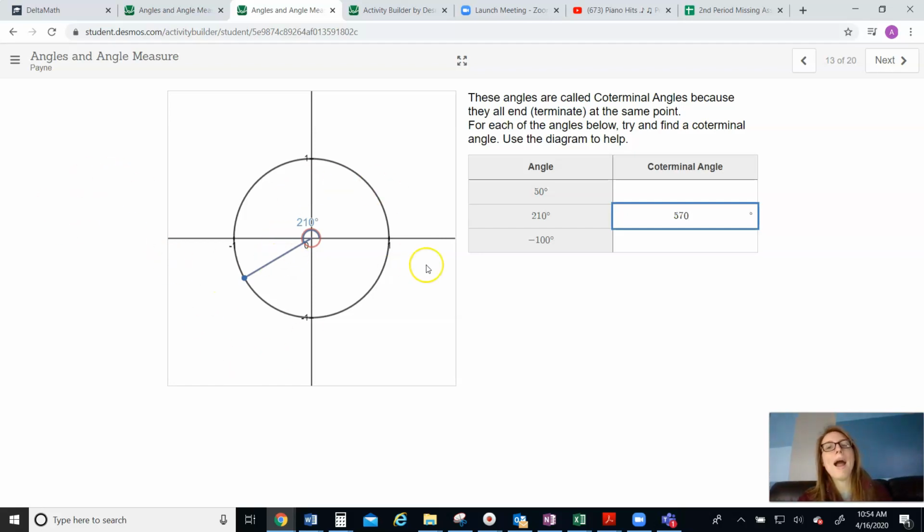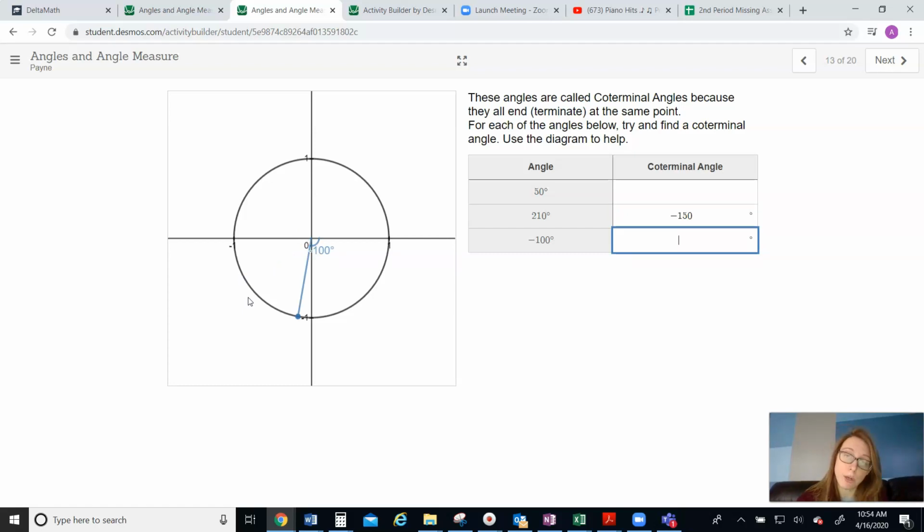So I can go backwards as well. So if I start at 210 and I subtract 360, right, it also is ending in that same spot. And that gives me negative 150.